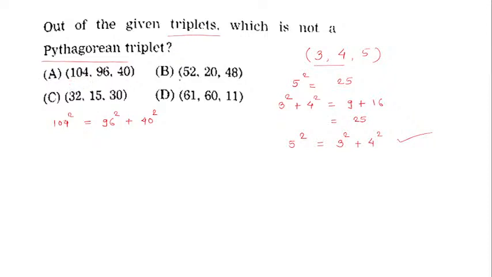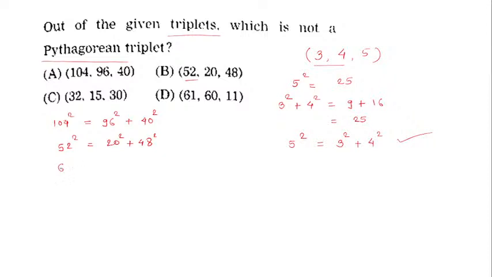In the same way, for the second triplet the largest number is 52. So 52 square is equal to 20 square plus 48 square. You can also check that 20 square plus 48 square would be equal to 52 square. So this is also a Pythagorean triplet. In the same way, for option D, the fourth triplet, we have 61, 60 and 11.